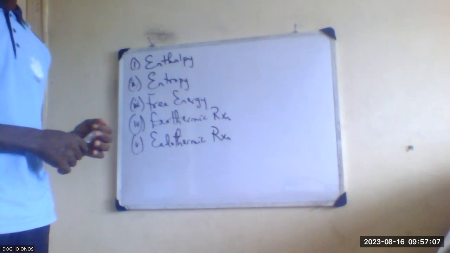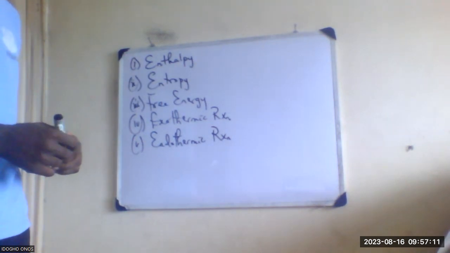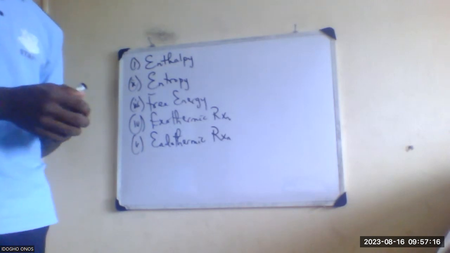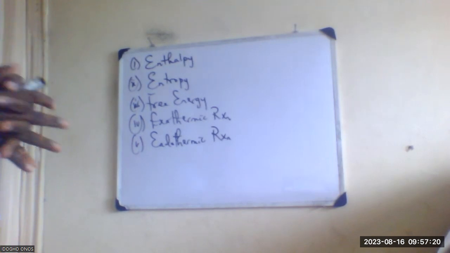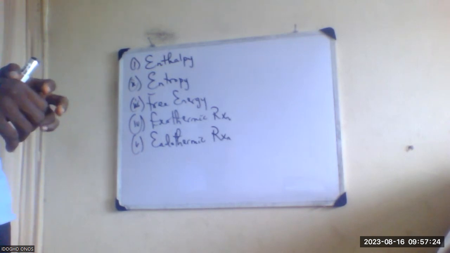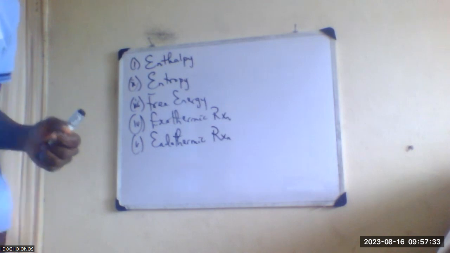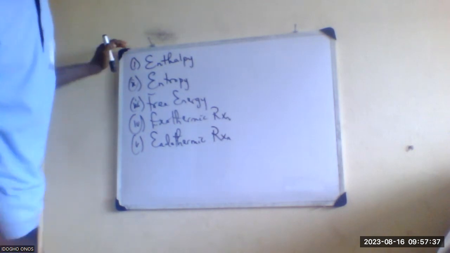Enthalpy is defined as the total heat content of the system. Is that okay? I need a response. You get that? Yes. Okay, you got that? Let's also move on.